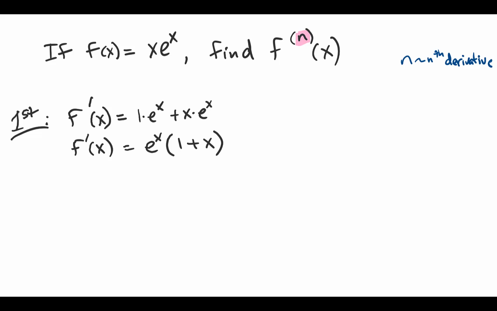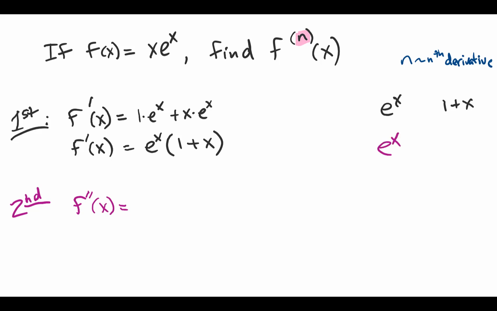Let me change my color up, and let's go take a second derivative. If we're taking these derivatives, we're trying to catch a pattern out of it, right? We want to catch the pattern. So there's an answer. Now let's go see what's f double prime of x. Now I'll jump aside real quick and be like, all right, well, e to the x, and then we got 1 plus x. And let's put their derivatives right down below.